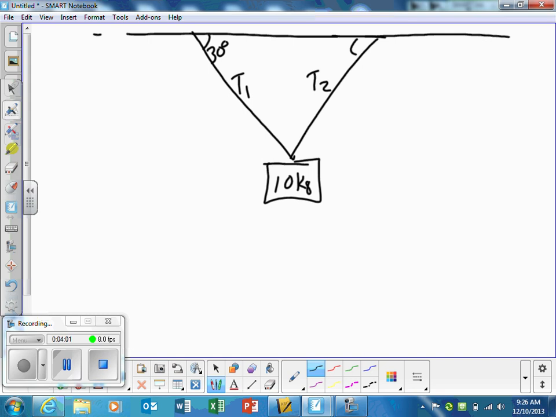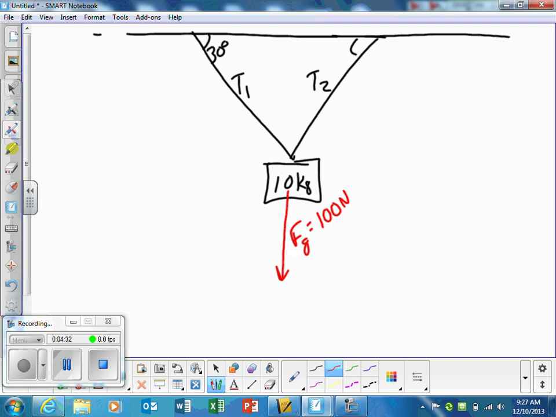The first thing you always know for sure is there would be no tension if there's no force of gravity. Does that make sense? So that force of gravity is 100 newtons. Now the question is, what is picking up that 100 newtons? Is it the full T1 and T2? Or what part of T1 and T2 is going to be picking this up?